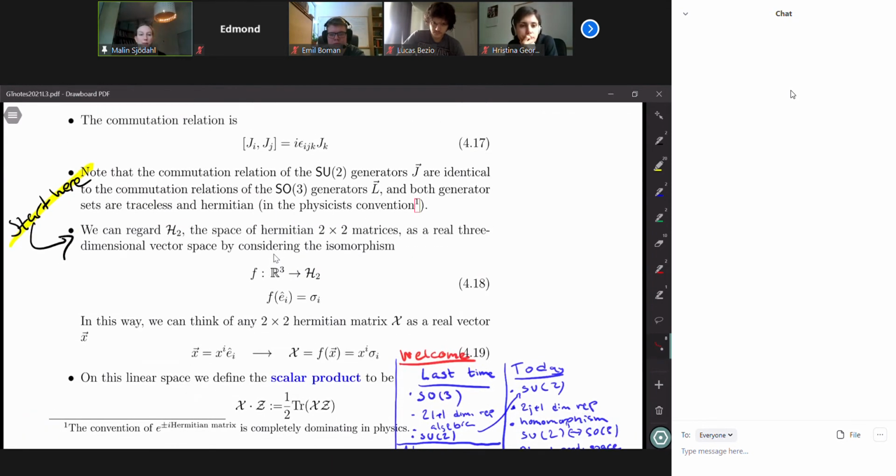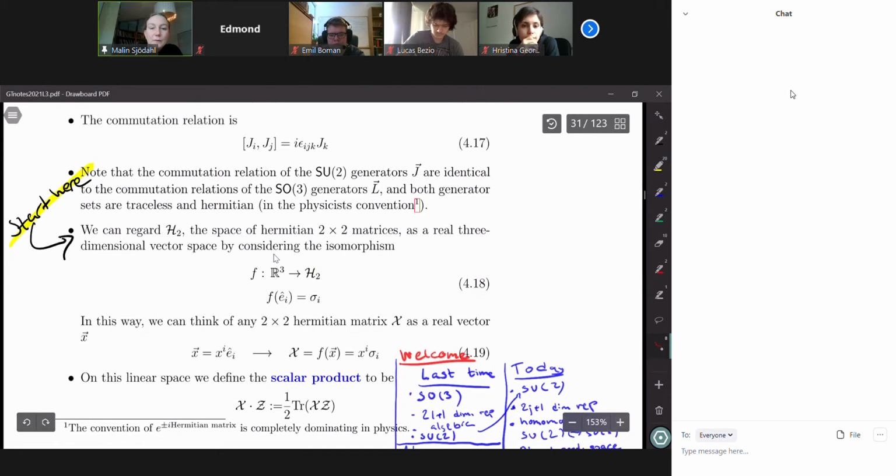Okay, so now let's come to new stuff. Now we will consider the space H2. This is the space of Hermitian 2x2 matrices, treated as a real three-dimensional vector space. What we will do is consider an isomorphism from R3 to H2.